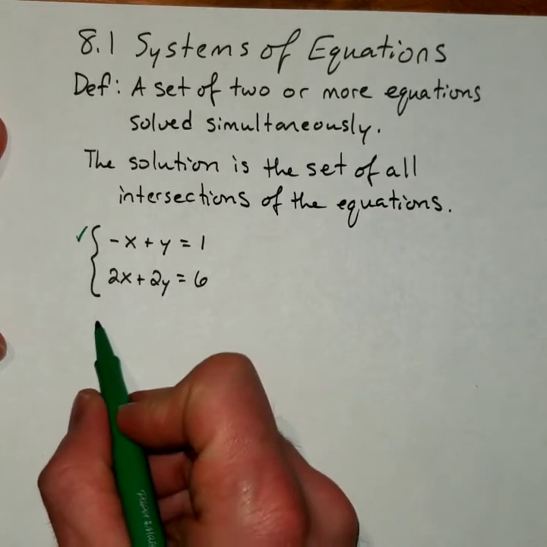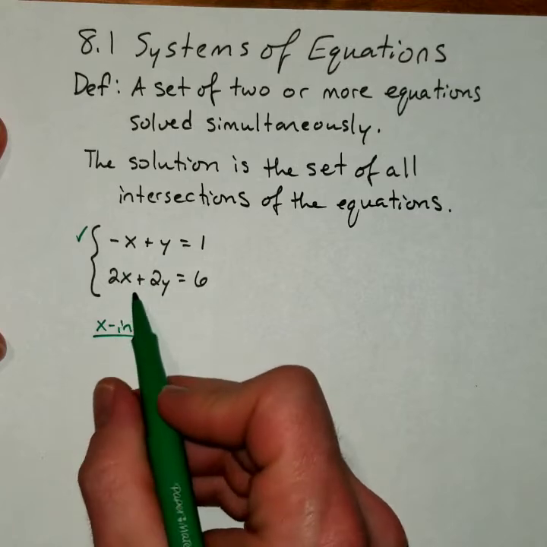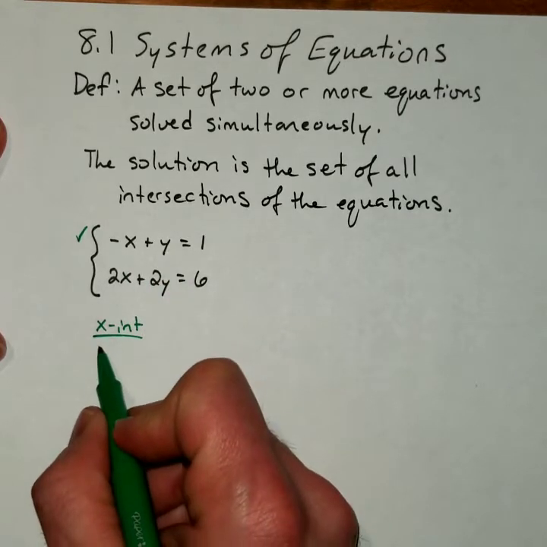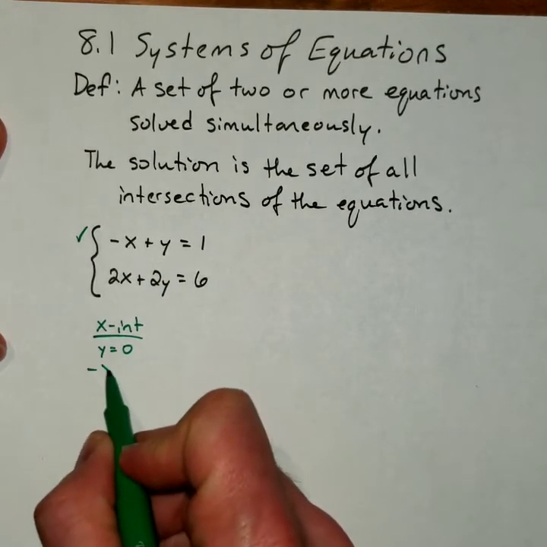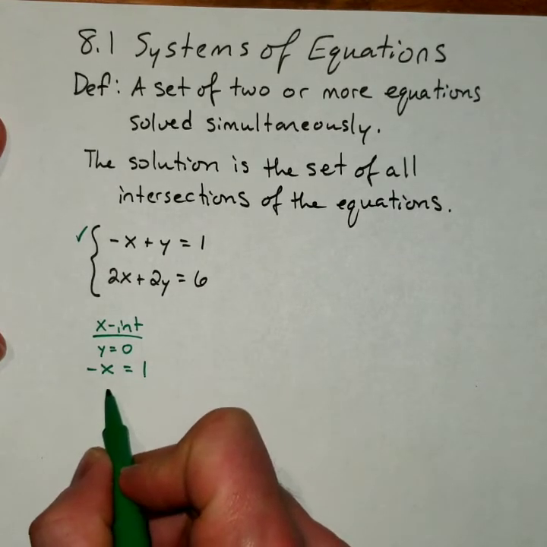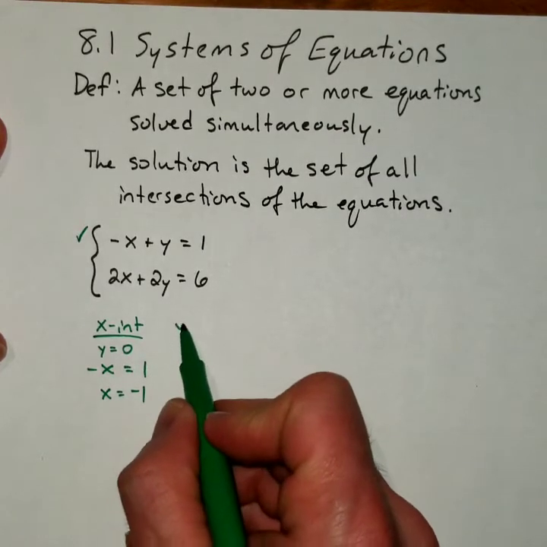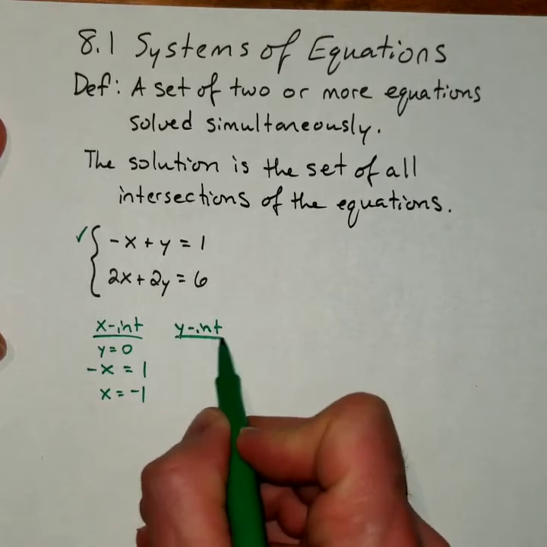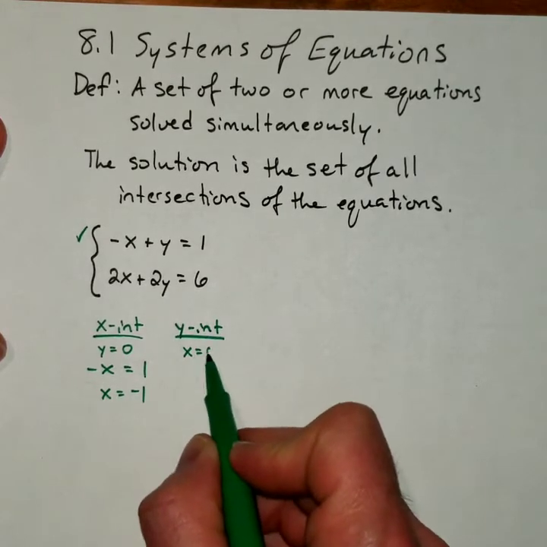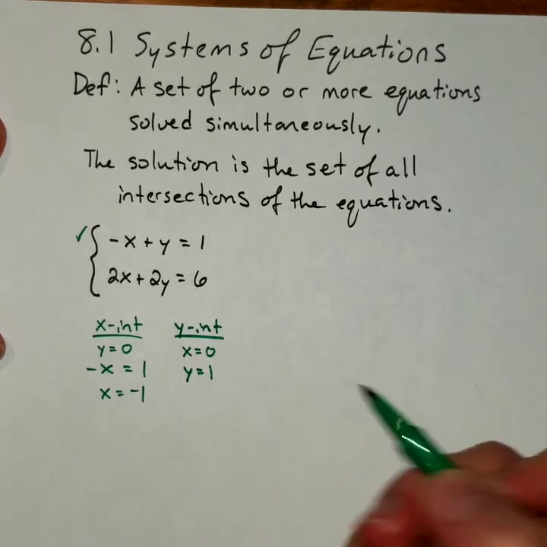So I'm going to take the x-intercept for that first one. Remember, you set the y value equal to 0. Solve for x, you get negative x equals 1. So x must be negative 1. Then the y-intercept, that's where you set x equal to 0, and you'll end up with just y equals 1.